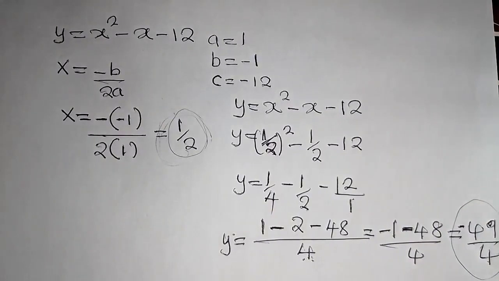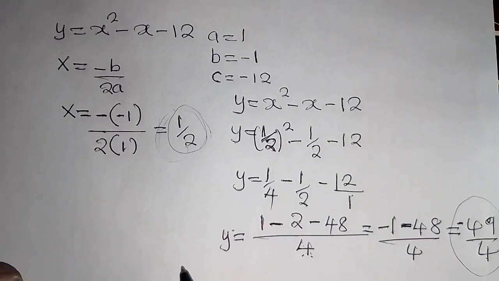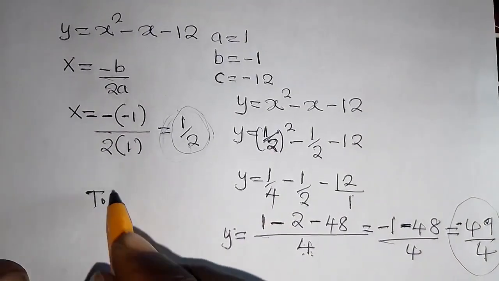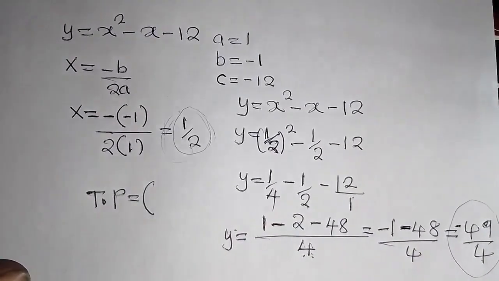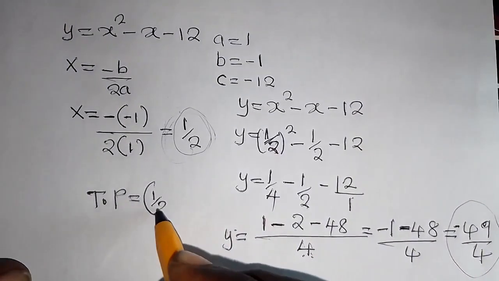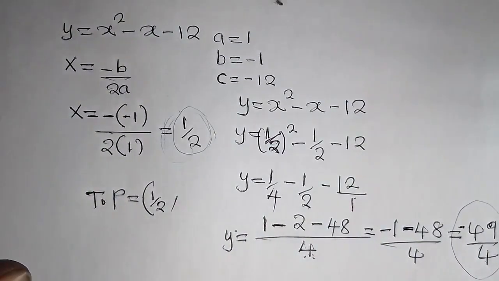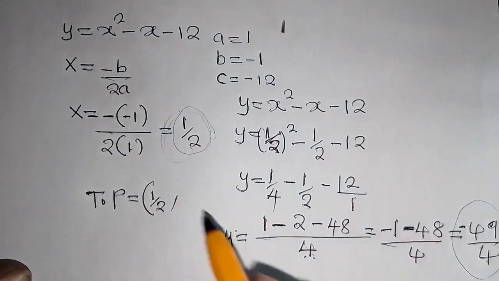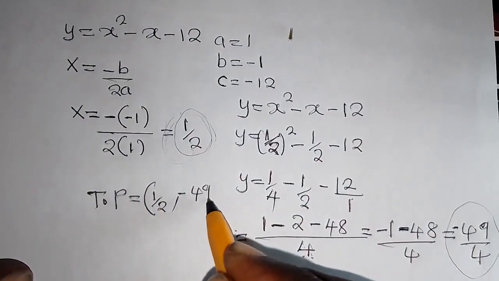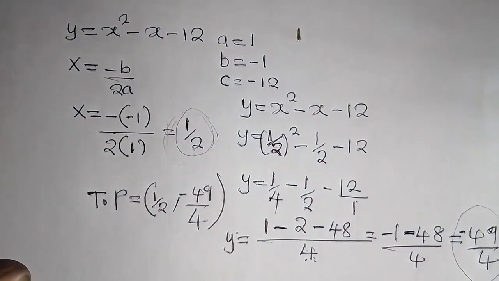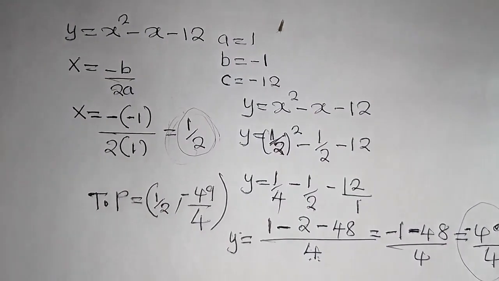So after I do this, the turning point is equal to what? x is 1 over 2 and y is negative 49 over 4. That is the turning point.